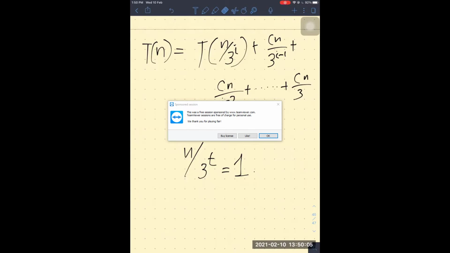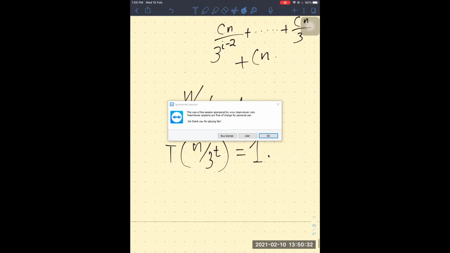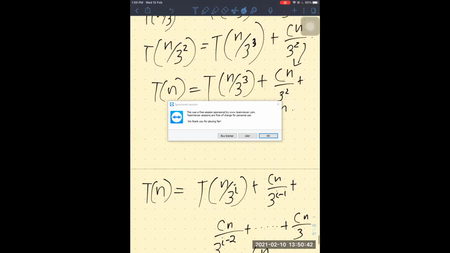Yeah, if it is 1, then we will stop repetition, because if n over 3 to the power t is equal to 1, then we cannot apply any further repetition for i, as the term i disappears from it. Do you get it? For example, before, it was from that equation, from the original equation.